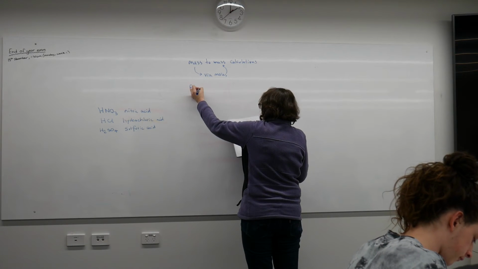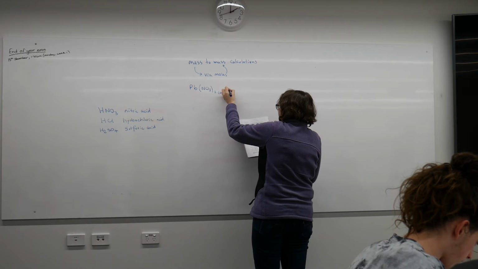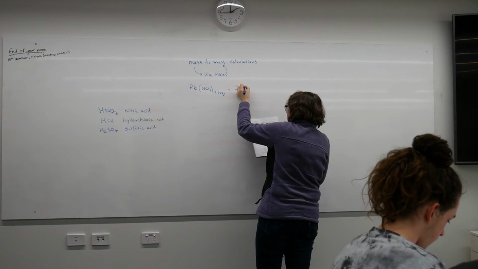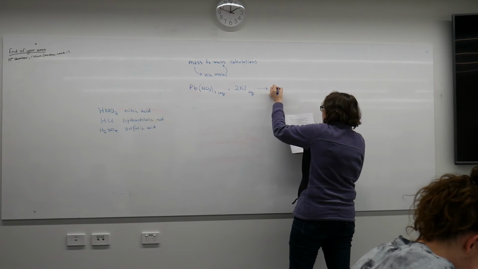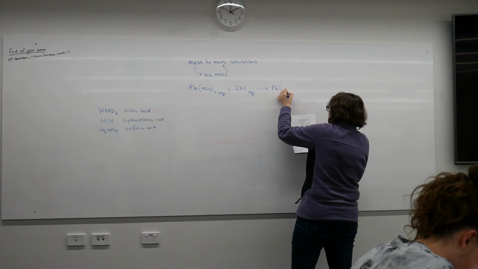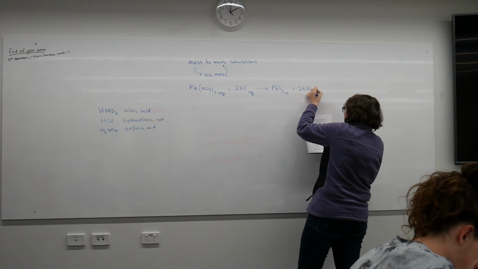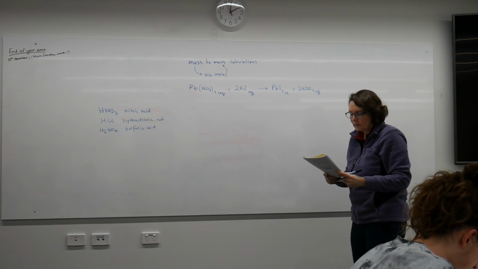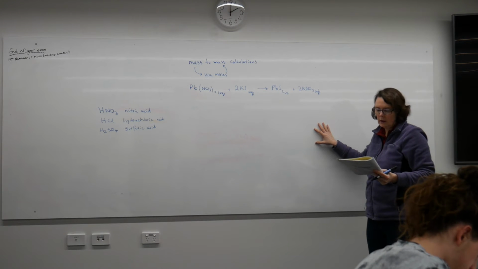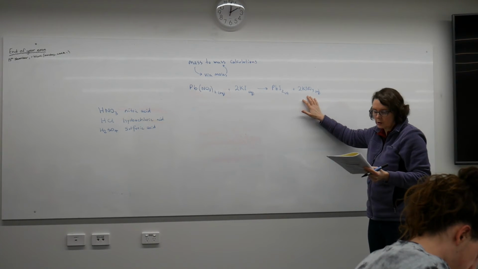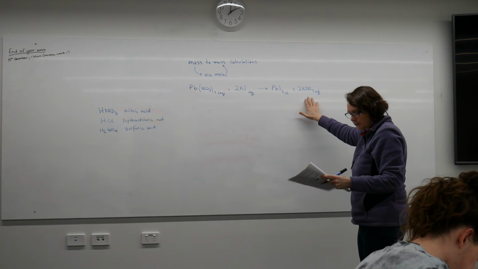So we have lead nitrate, we have potassium iodide, forming lead iodide. This is a precipitation reaction that we've done before, and our potassium nitrate, these are our spectator ions.